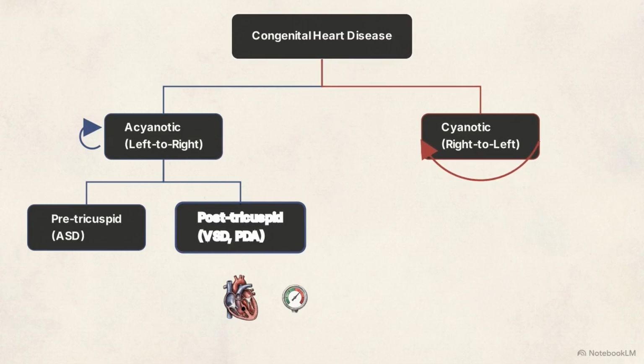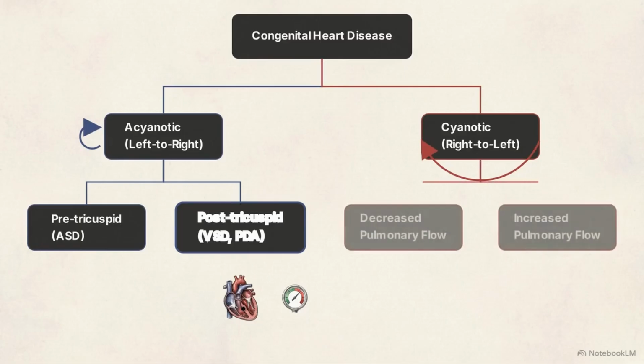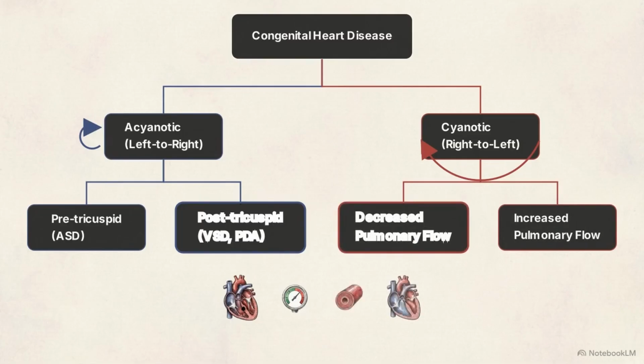To answer the specific clause of the exam prompt, we subdivide the cyanotic branch based on the volume of blood successfully reaching the pulmonary circuit. Decreased pulmonary flow dictates that there must be a physical obstruction blocking the path to the lungs. Specifically, this is a right ventricular outflow tract obstruction. The RVOT is the muscular channel guiding blood from the right ventricle into the pulmonary artery.